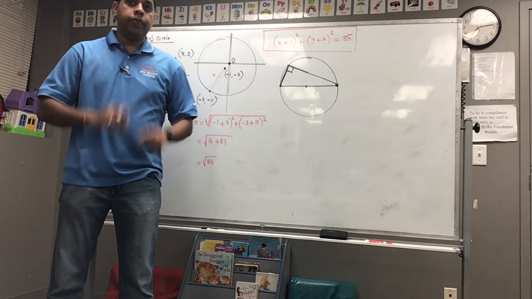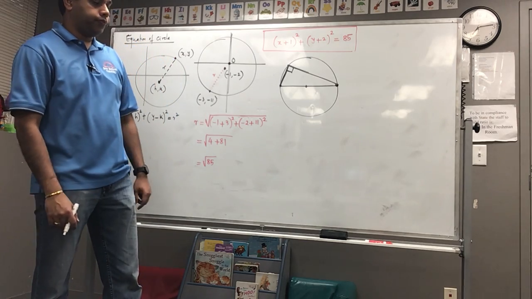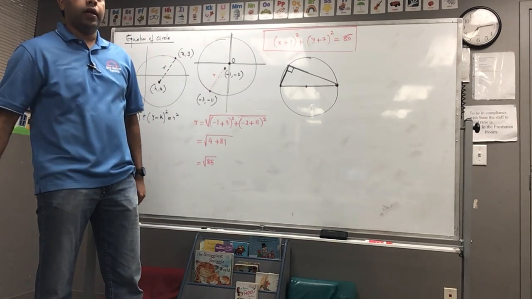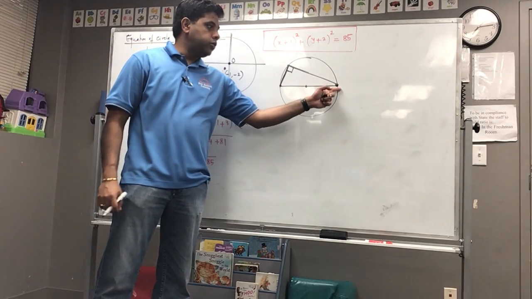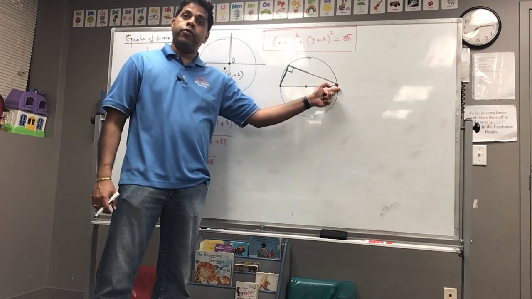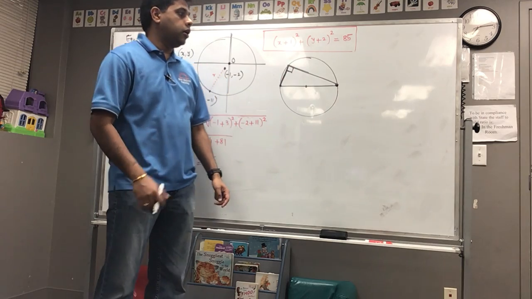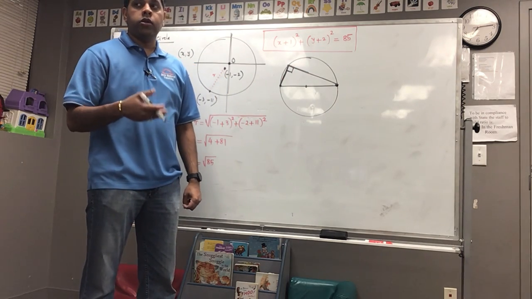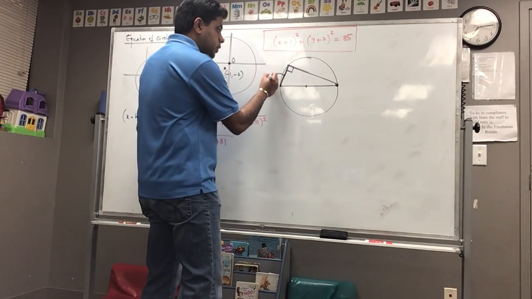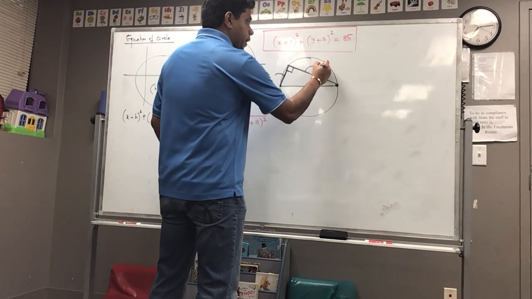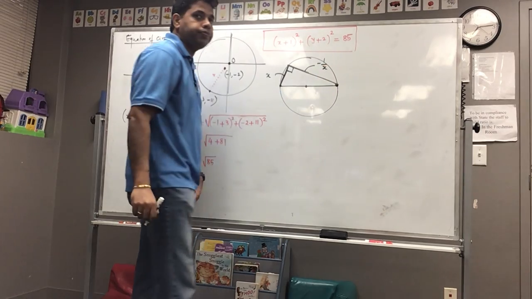So let me repeat, if two chords meet at the circumference and their base is a diameter where they have been generated from, the angle where the chords meet is perpendicular. So that means if the slope of this is x, this will be -1 over x.